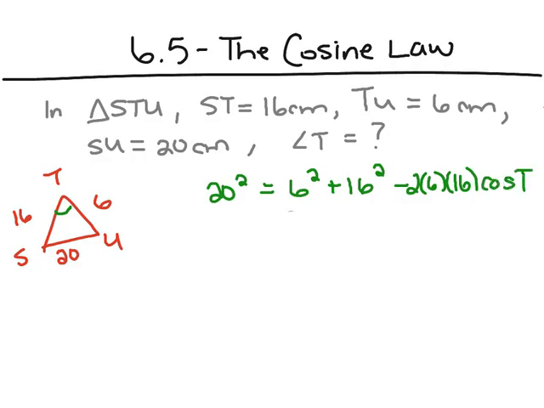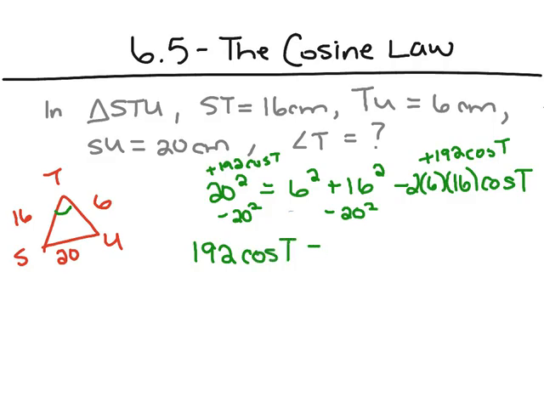So if we multiply 2 times 6 times 16, we get 192. So we're going to add 192 cos T to both sides and subtract 20 squared from both sides. So we get 192 cos of T is equal to 6 squared plus 16 squared minus 20 squared.